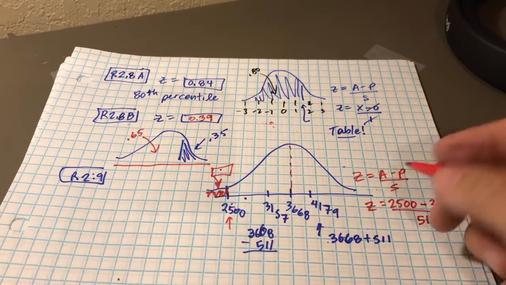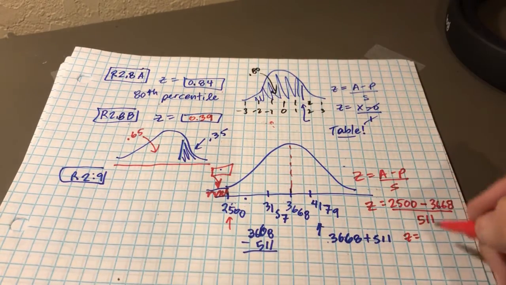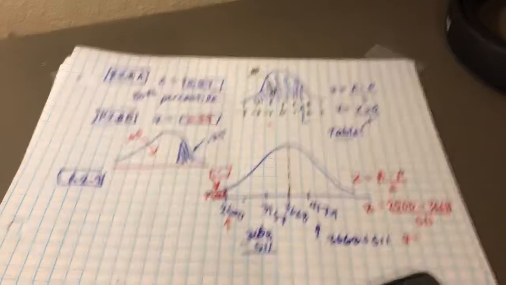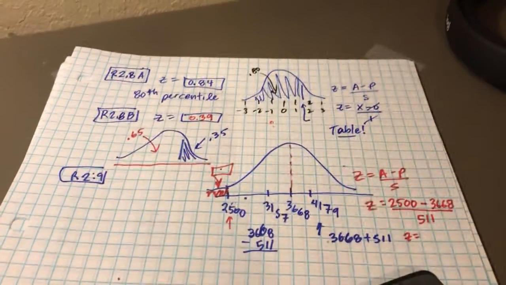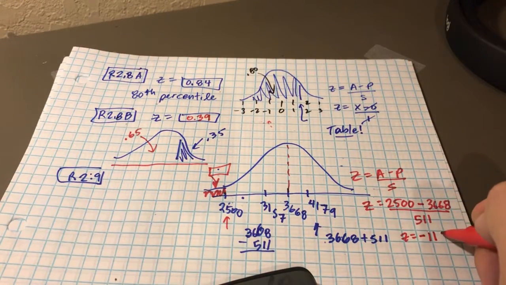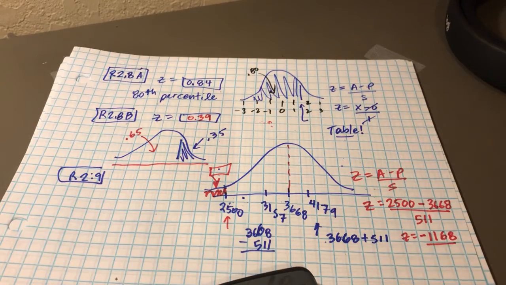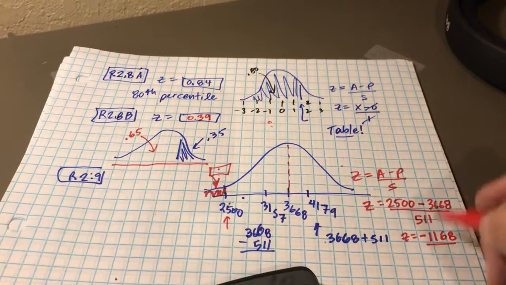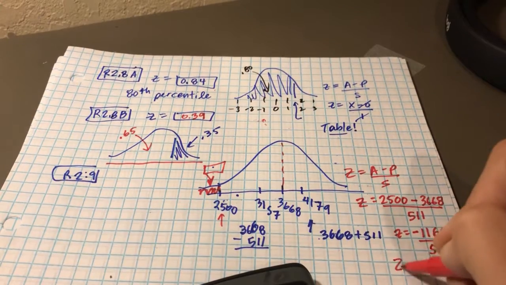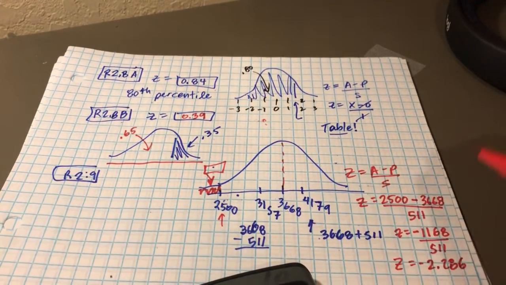So notice from this formula, we can pretty easily calculate that Z-score. So that's going to be pretty handy. And I get a negative number, which I actually was anticipating because I'm to the left of the mean. And when I divide it from 511, I get a Z-score of negative 2.286.